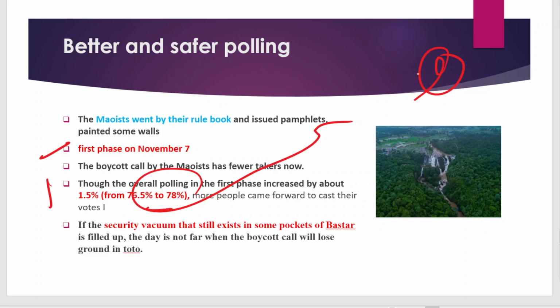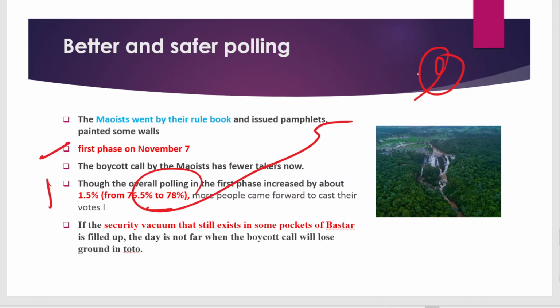There are still regions in the Bastar area of Chhattisgarh where we have security patches, a security vacuum, but slowly it is going to be filled up. If it gets filled in the coming time, that will be because of the focused effort of the security forces and the government.